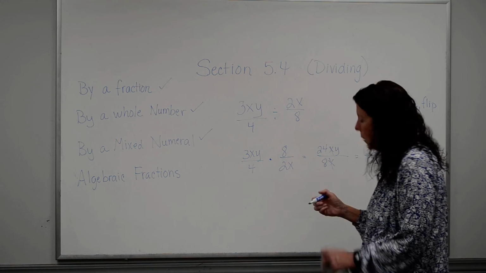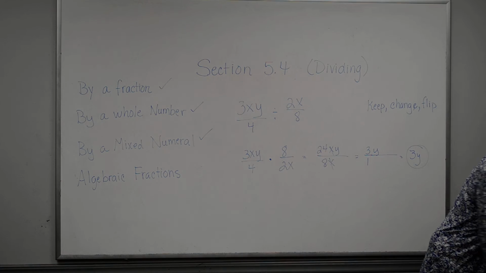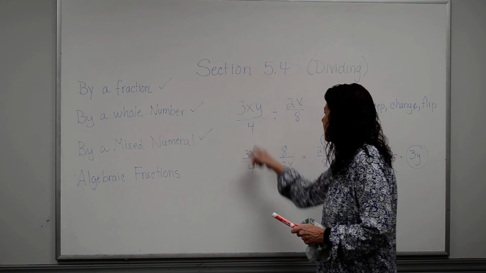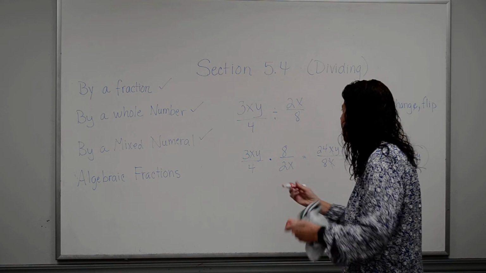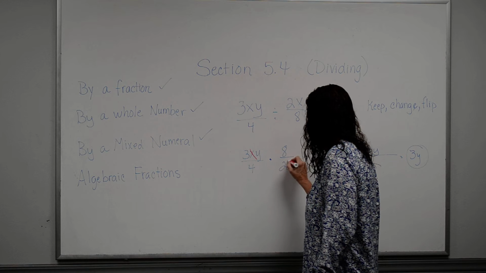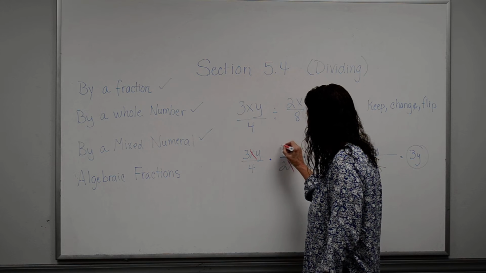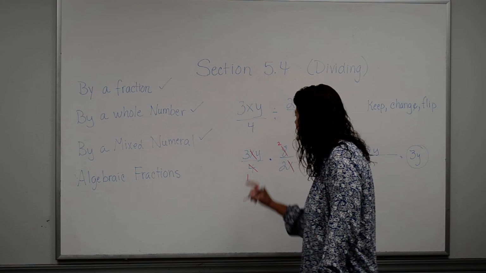Or you can what we call cross-reduce it before you start. If I can reduce top or bottom or diagonal, I can go ahead and do it before I start. So I can go, oh, x and x cancel each other out. 8 and 4, I can divide them both by 4, so that gives me a 2 over 1.